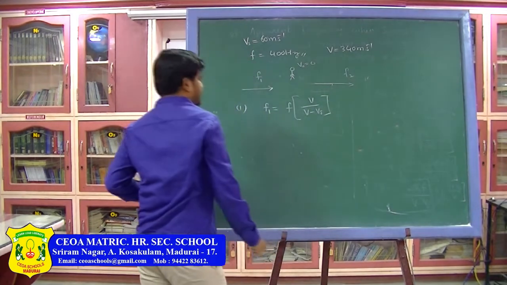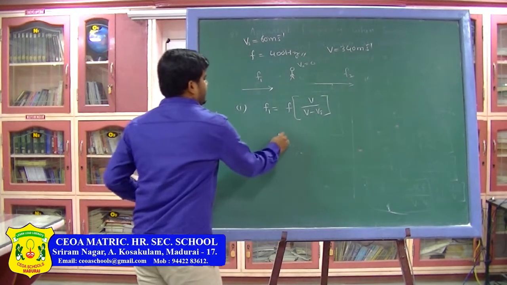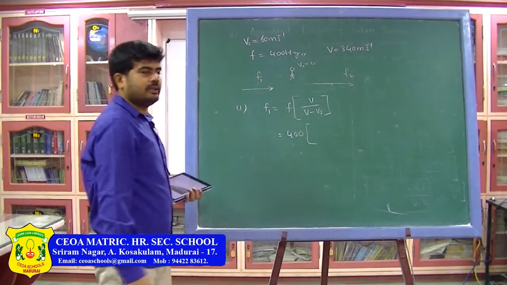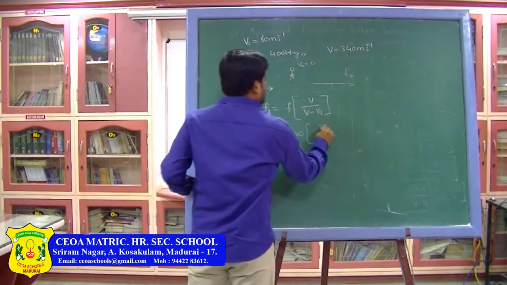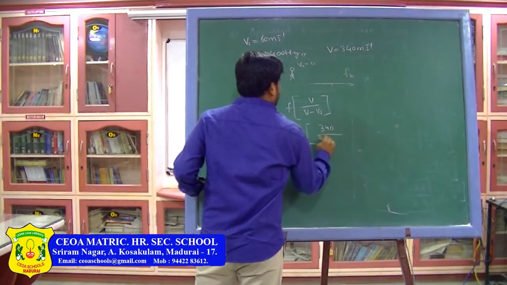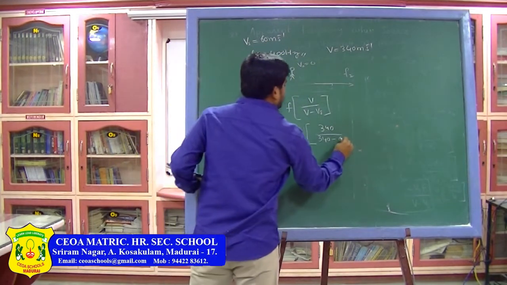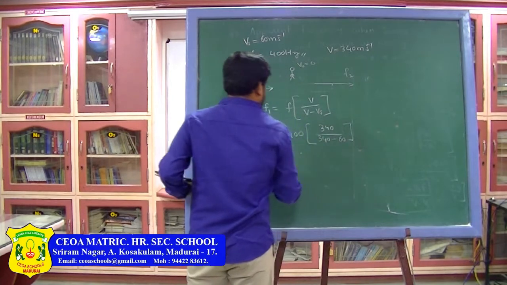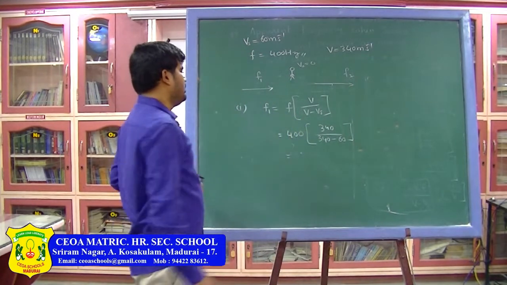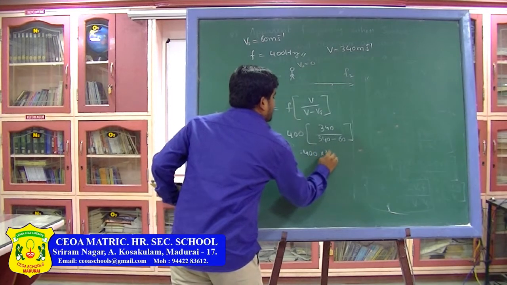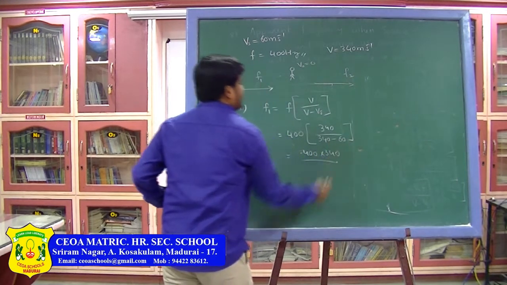The real frequency of the source is 400 Hz, so 400 into 340 divided by (340 minus 60).